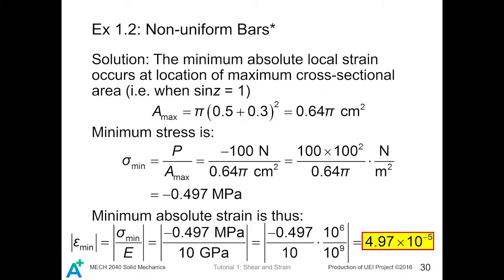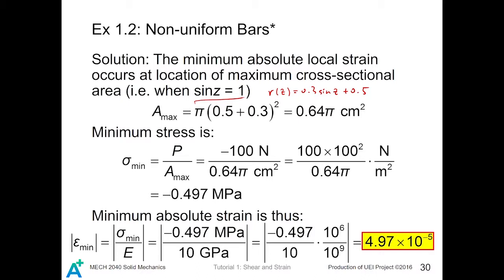In a similar manner, in order to calculate the minimum stress, we will find the maximum cross-sectional area. Recall that R(z) equals 0.3 sin z plus 0.5. Therefore, if we take sin z equals 1, then the maximum radius will be 0.8.